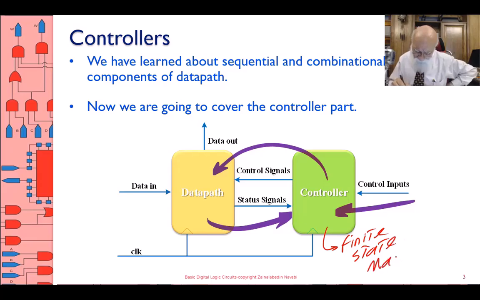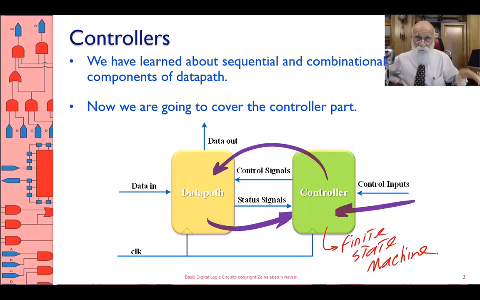My problem is, what do I do? Do I come in and show you a complex finite state machine for, let's say, a processor that has 40, 50 instructions and does this and this? I'm not going to be able to do that.